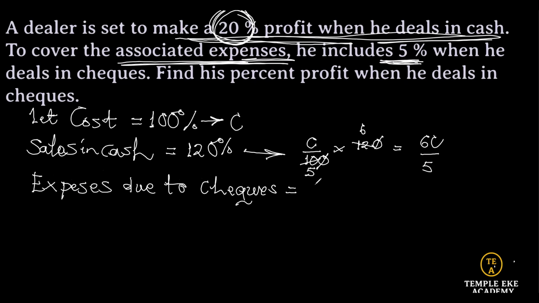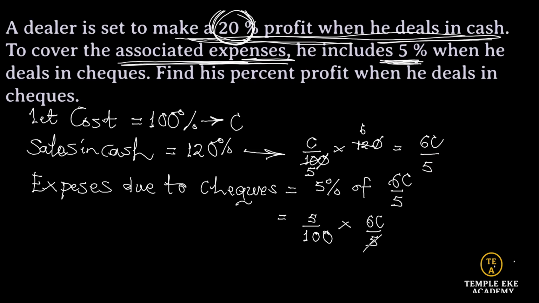So we have 5% of 6C over 5. 5% means 5 over 100, multiplied by 6C divided by 5.